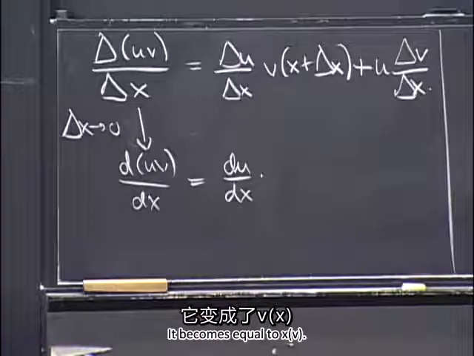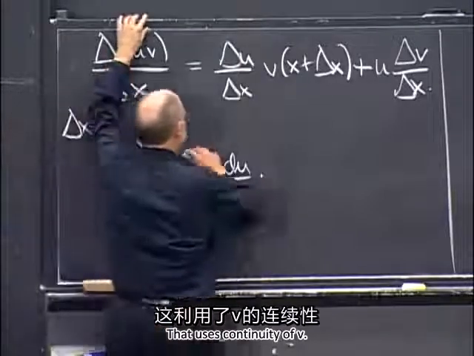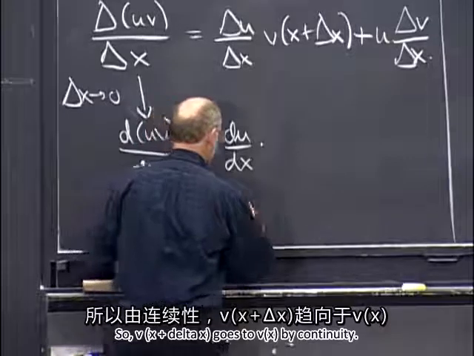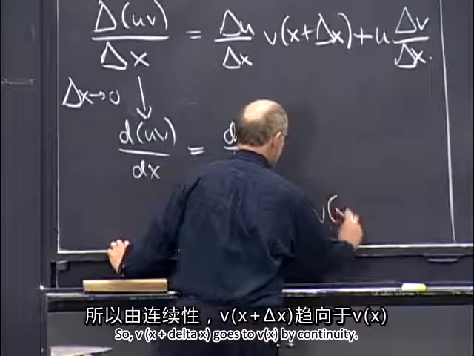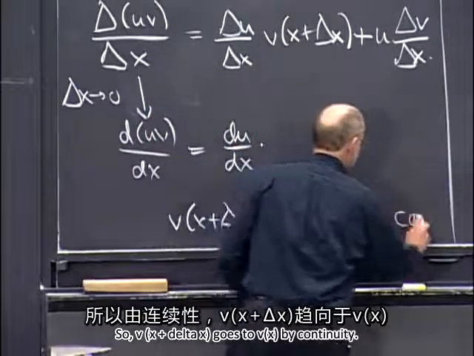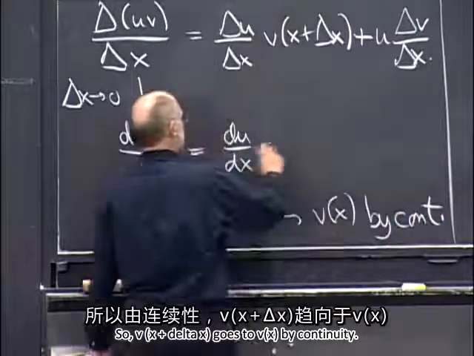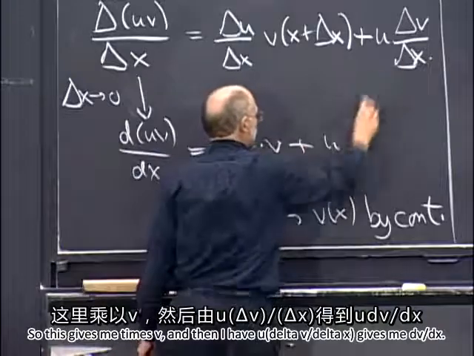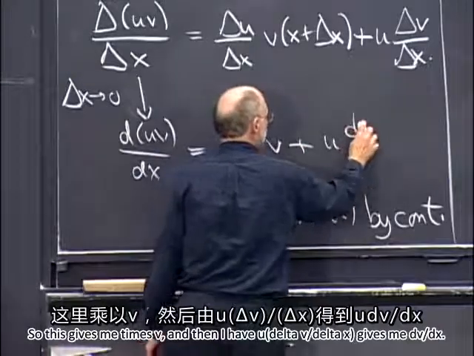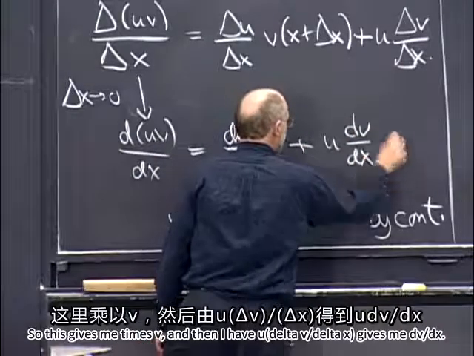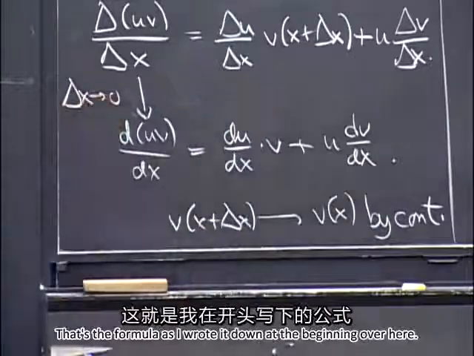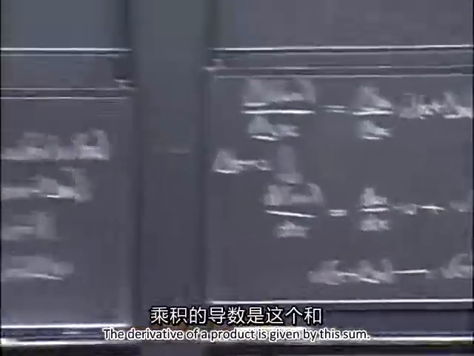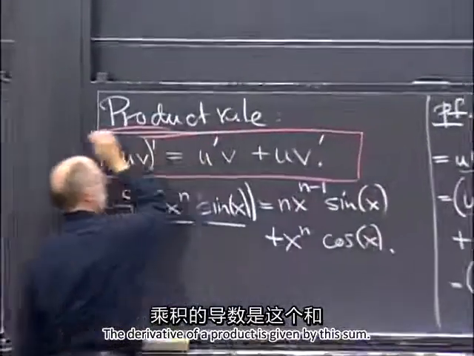It becomes equal to v of x, that uses continuity of v. So v of x plus delta x goes to v of x by continuity. So this gives me times v, and then I have u times, and delta v over delta x gives me dv dx. And that's the formula. That's the formula as I wrote it down at the beginning over here. The derivative of a product is given by this sum.